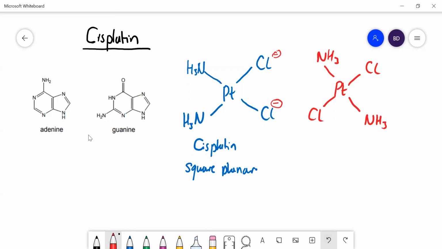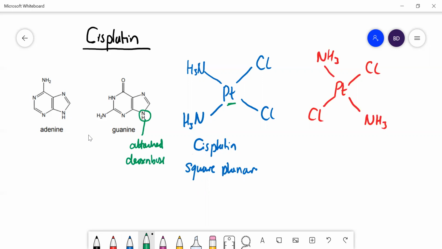Right. So how does it kill, preferentially, cancer cells? Well, essentially it will form ligands. The guanine residues in DNA can act as ligands to the central platinum there. If you remember, that nitrogen is the one that is attached to the deoxyribose sugar.